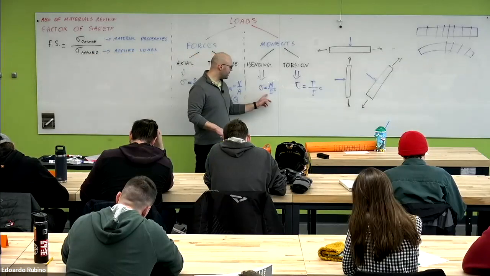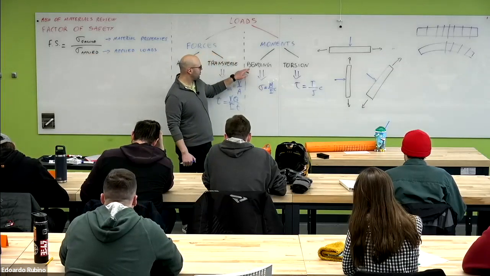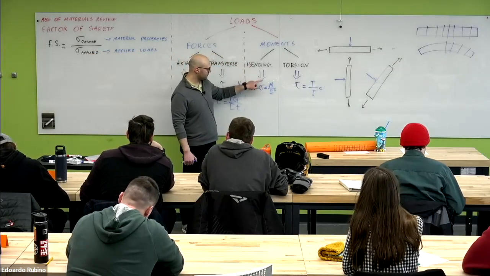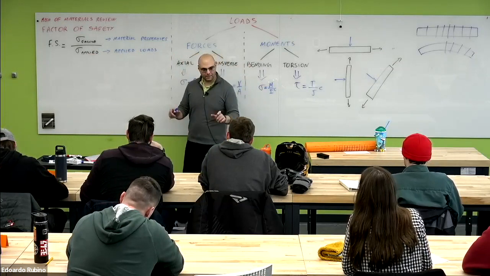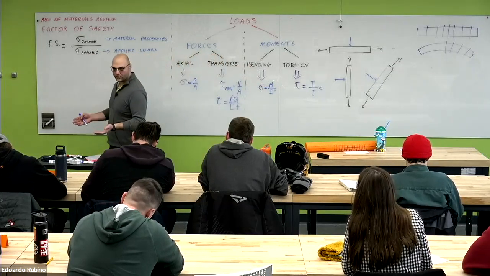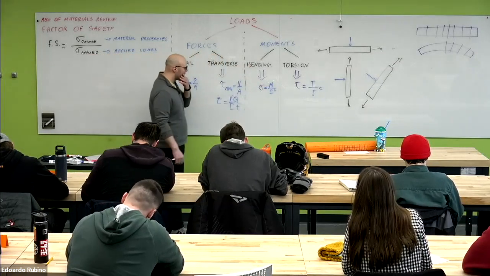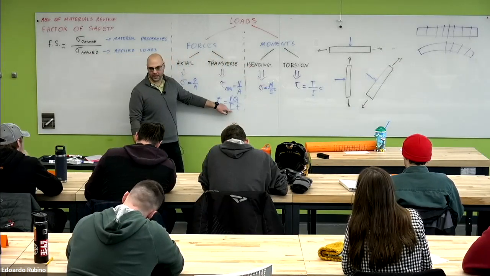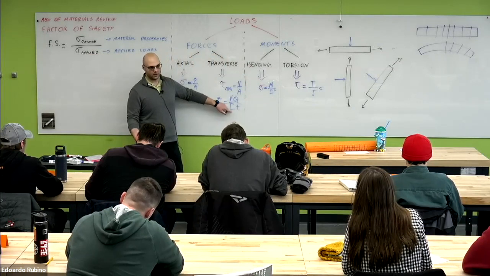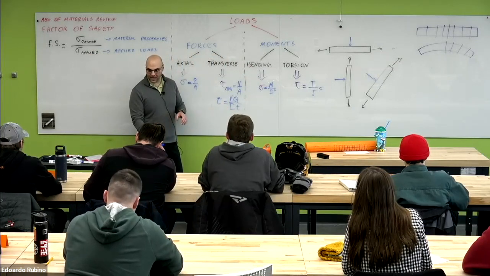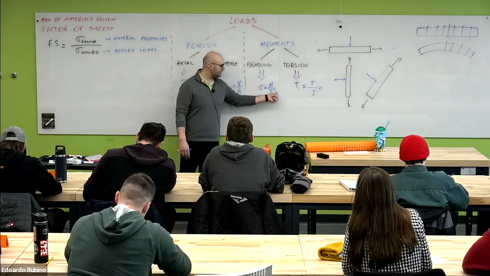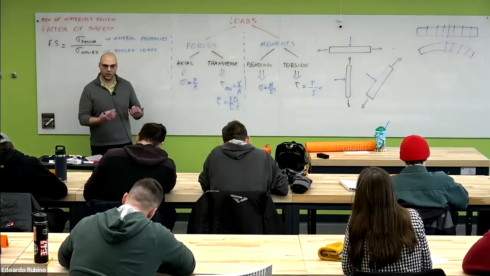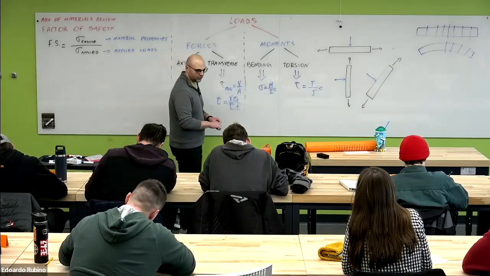Then we have the third equation here. This is the normal stress due to bending moment. M is the intensity of the bending moment at that specific location. Then I is the same I that we have here, the moment of inertia of the entire cross-section. And C is the distance from the neutral axis of the cross-section.